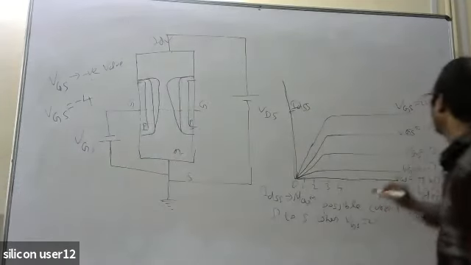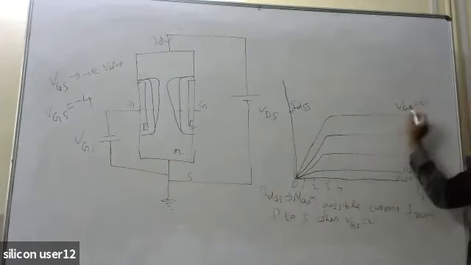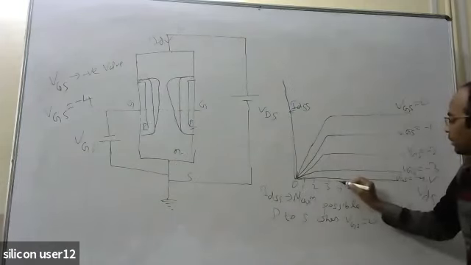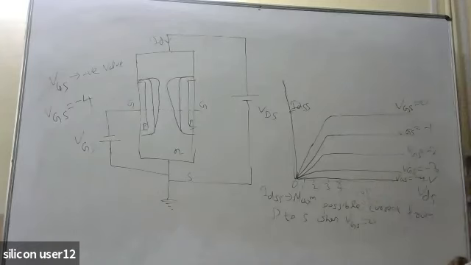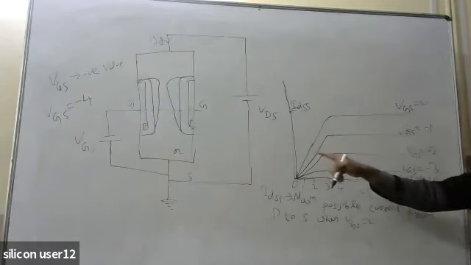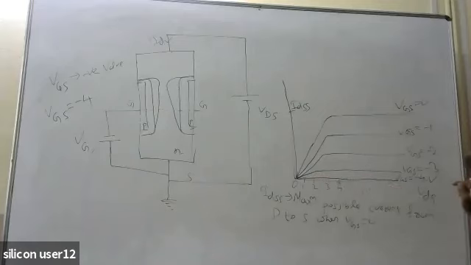So that means basically, if this is the point when VGS equal to 0, this point I have told you is called the VP or pinch-off voltage. Okay. So if I apply -VP at the gate, then the ID will be almost 0.